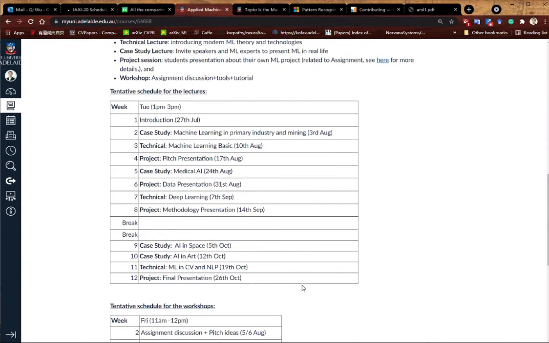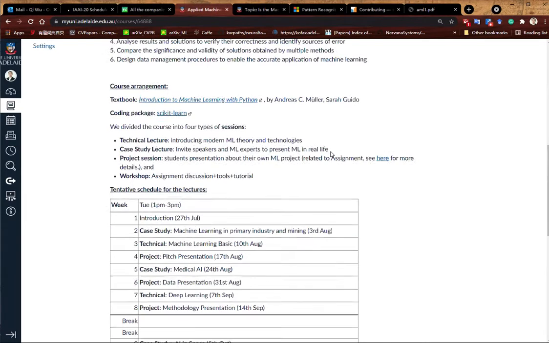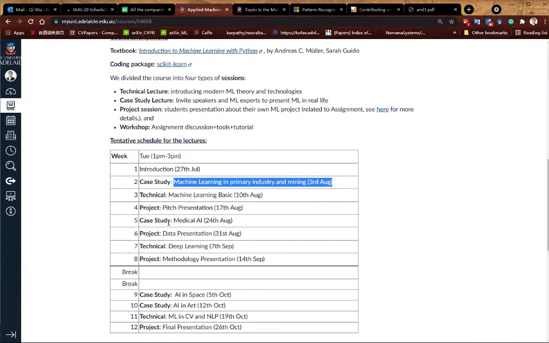And the second type of session, which is actually the most important one in this course, is called case study lecture. We will invite speakers and machine learning experts to present how they use machine learning tools in real life. The first case study is about machine learning in primary industry and mining. The second case study is about medical AI, which is also a very hot topic in AI.